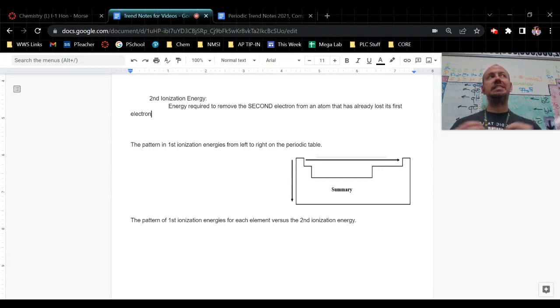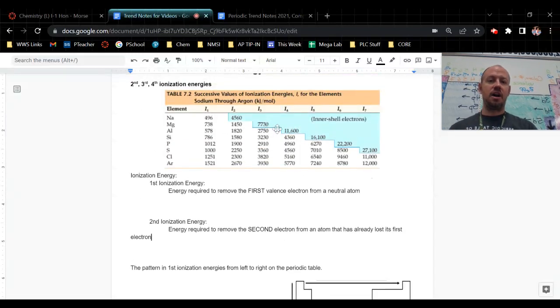So taking away a second electron is always harder than taking the first because it has more attraction. Taking the third electron, the fourth electron, no matter if I'm going across argon, chlorine, or sulfur, there are no exceptions here.